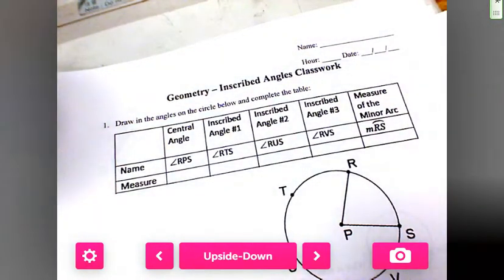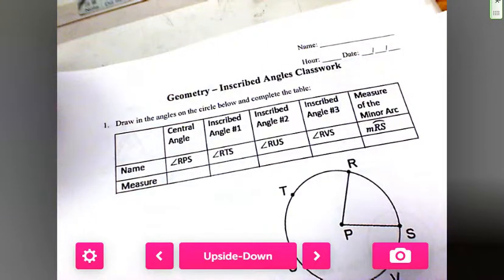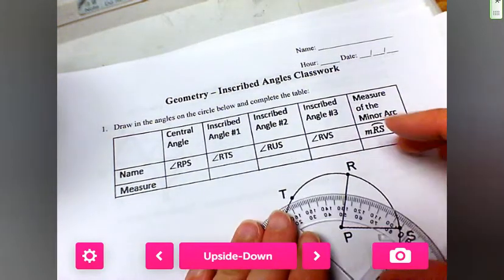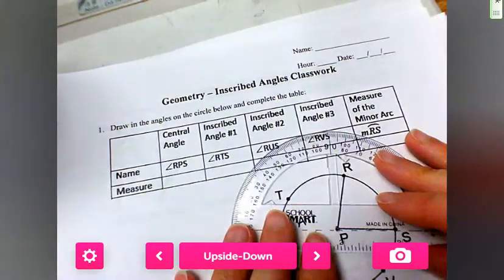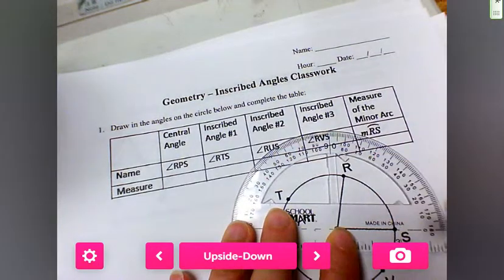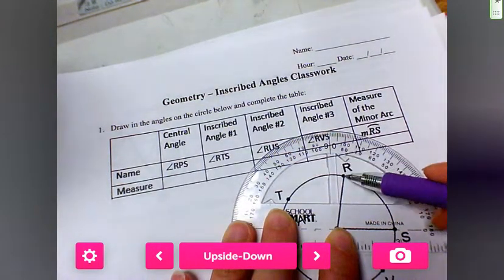In order to do this, I'm not going to have you come get a protractor right now. I'm just going to tell you what we got. It's just for this first one, so we kind of have an idea. So if I were to measure this central angle, RPS, could I tell everything else? So this central angle right here, I'm going to say is 80 degrees.